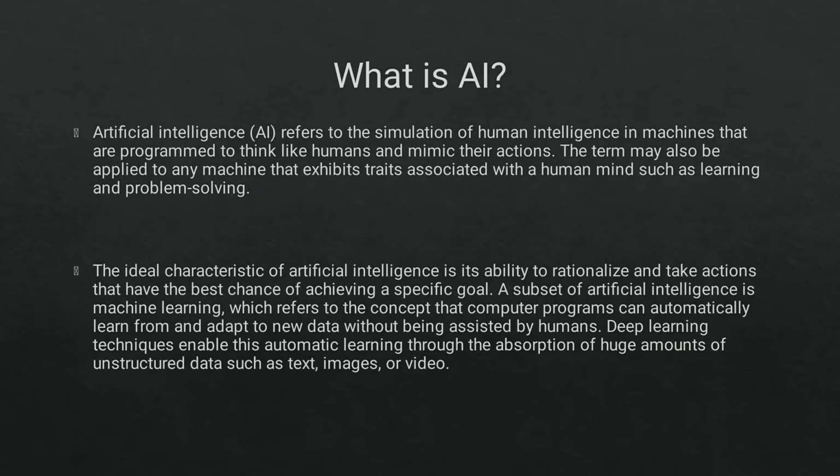So we come to the main topic here then. So what is AI? Artificial intelligence, also known as AI, is a wide-ranging branch of computer science concerned with building smart machines capable of performing tasks that typically require human intelligence. Machines don't have feelings and emotions, so they don't have emotional thinking and rational thinking like humans do.